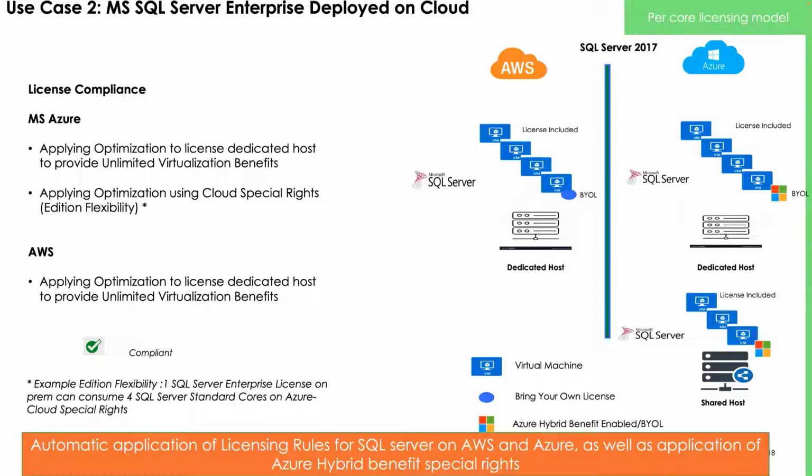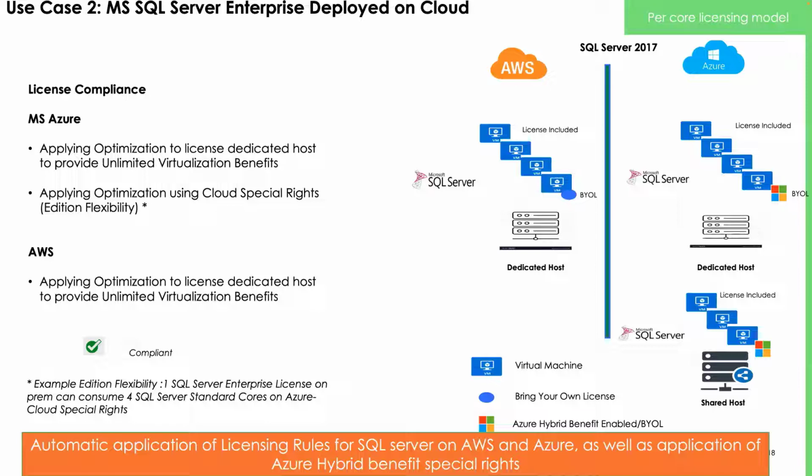So all those benefits are automatically applied as well on the cloud, so that you can determine your license compliance position on-prem as well as in the cloud on one single platform. What we have seen in other platforms is that cloud licensing happens in a disparate tool, and on-prem licensing happens on another tool.